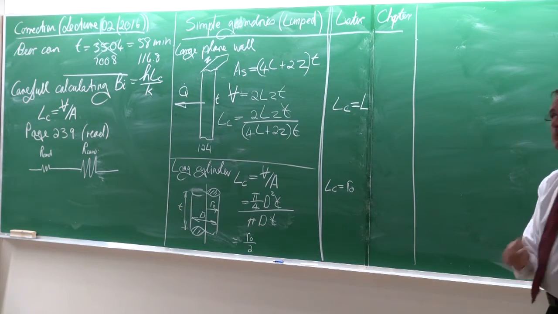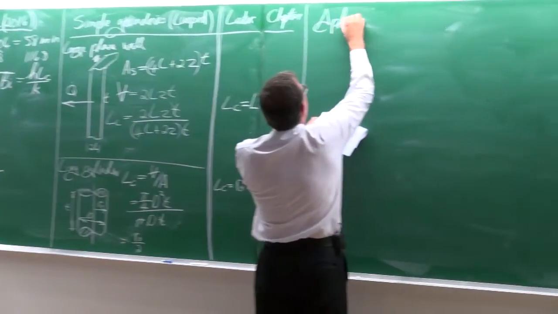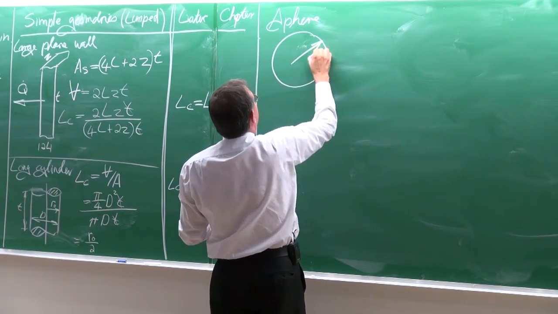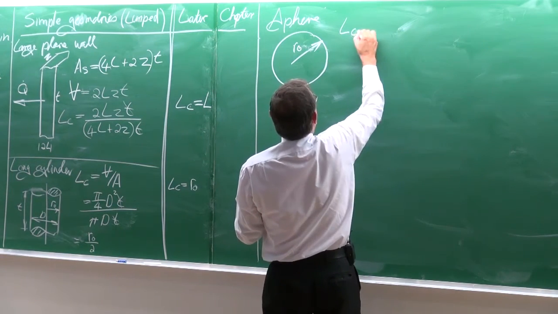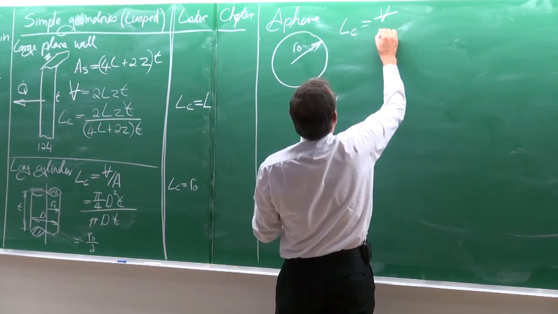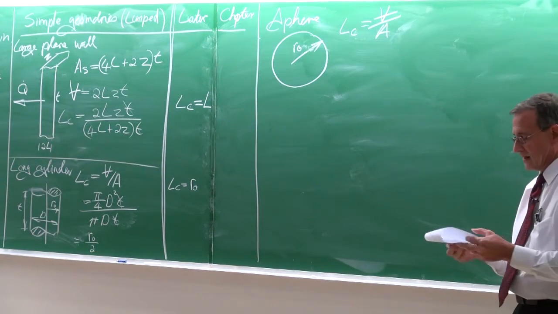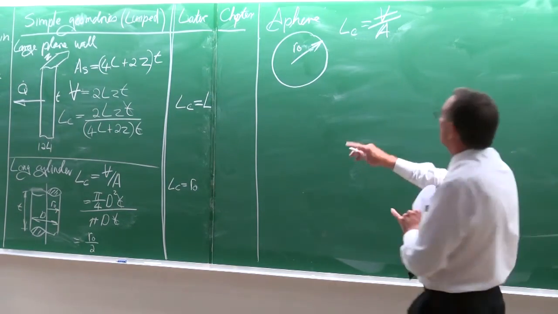The third application would be a sphere. For a sphere with radius R0, the characteristic length again is equal to the volume divided by the surface area. I'm sorry, I work in diameters normally, not in radius.